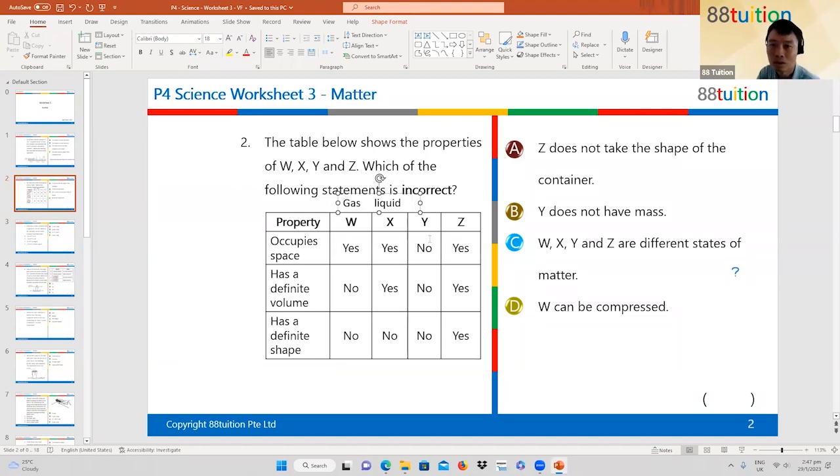Where are you? Okay, Y is not a form of matter, because it doesn't have mass. No mass, no space, not matter. Then how about Z? What is the state of Z? Valerie, try.